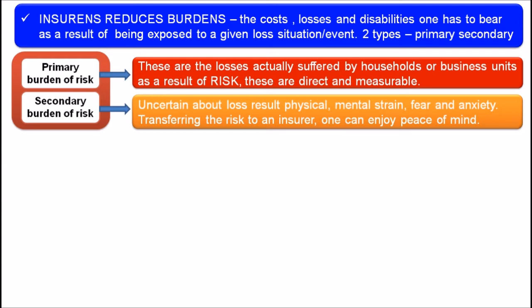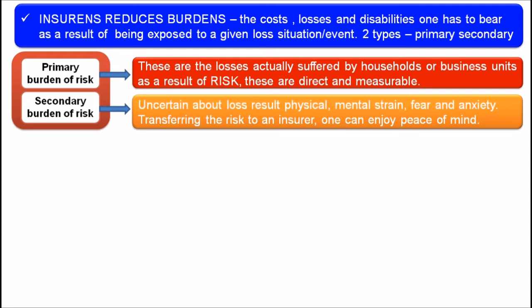So setting aside a pool of money to encounter future losses is known as secondary burden. Dear friends, it is very, very clear. If you keep liquid money without taking insurance, that causes the secondary burden of risk. It is asked in every exam. So transferring the risk to an insurer, one can enjoy peace of mind.